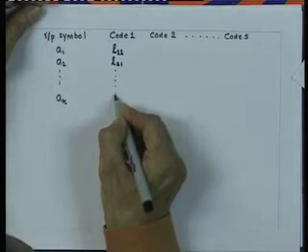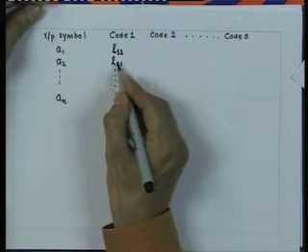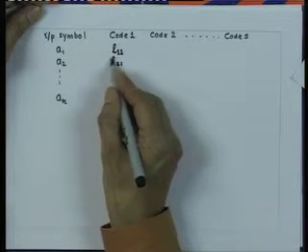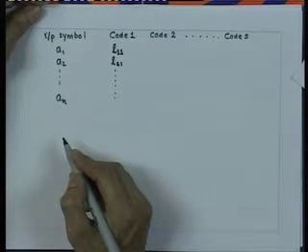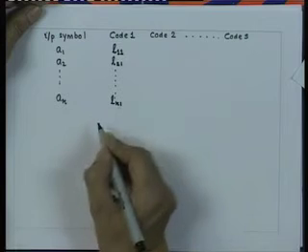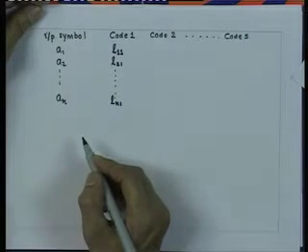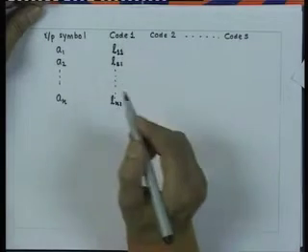So, for code 1, we have lengths L11, L21. L21 corresponds to the length of the code word for the input symbol A2, and similarly LR1 corresponds to the code word length for the input symbol AR when I am using code 1.